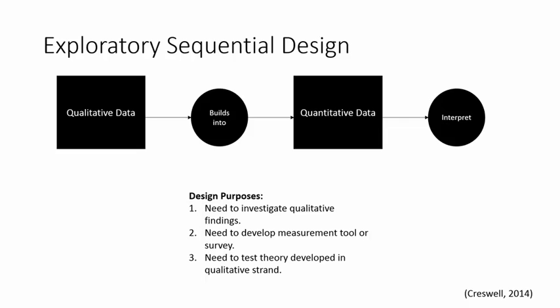And then we would interpret those results. So here there might be a need to investigate the qualitative findings, develop a measurement tool, or maybe test a theory that was developed during the qualitative strand. I think in my area, I see this most often when people are developing an instrument.